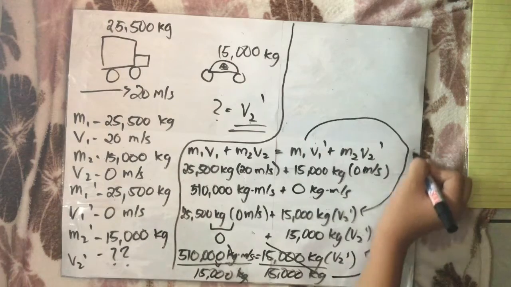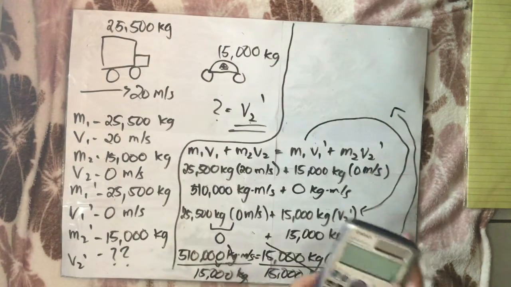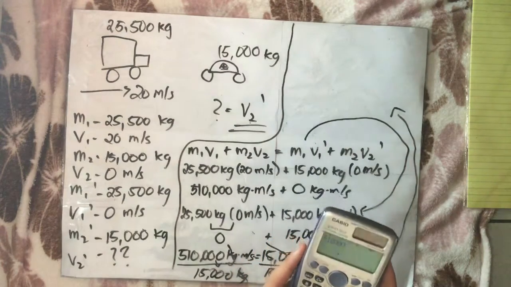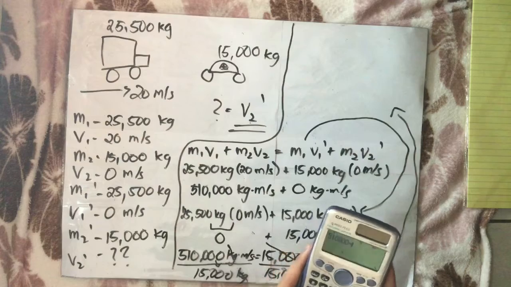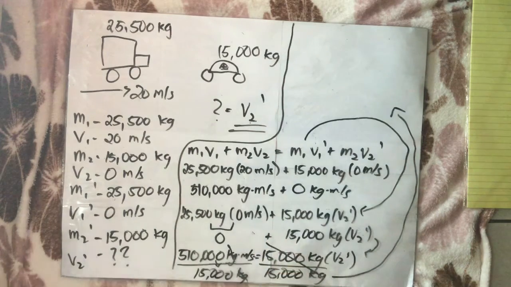So the answer for this one is 510,000 divided by 15,000 is 34.